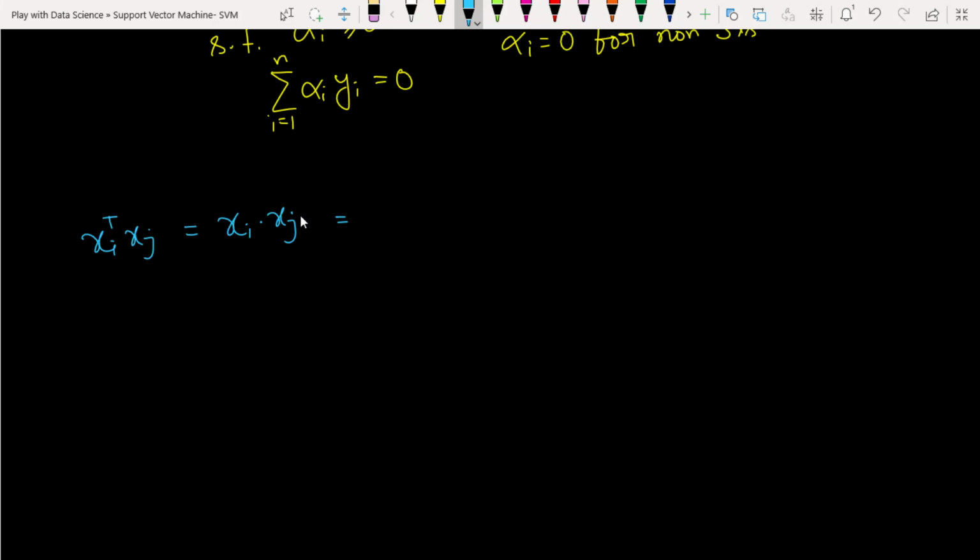If you remember the cosine similarity from early lectures, it is simply a dot product. So the dot product of x_i and x_j is the cosine similarity of x_i and x_j.